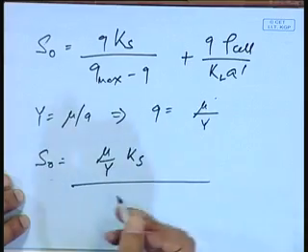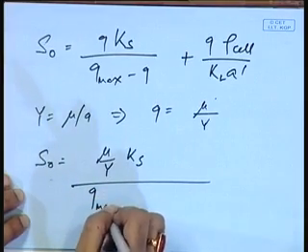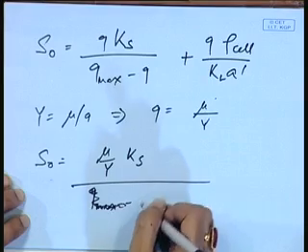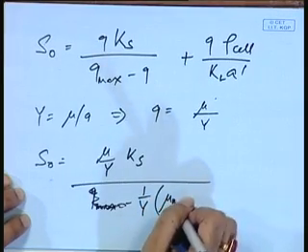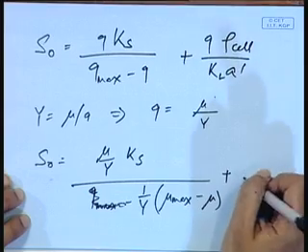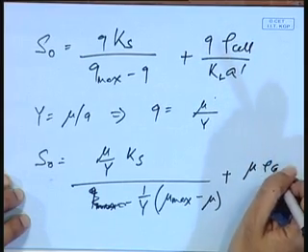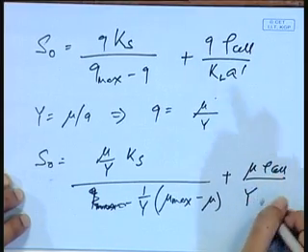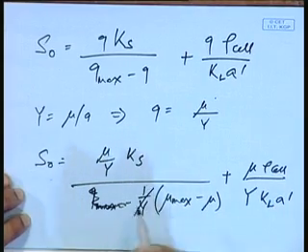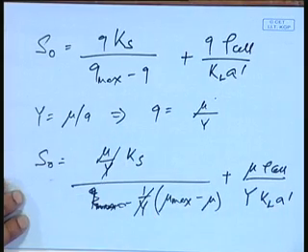Y is a number, remember, it's not a variable, just a number. Okay. So 1 over y cancels out over here. So you have mu Ks divided by mu max minus mu, plus mu rho cell over y kL a prime.